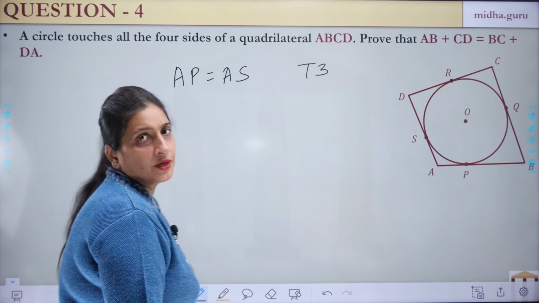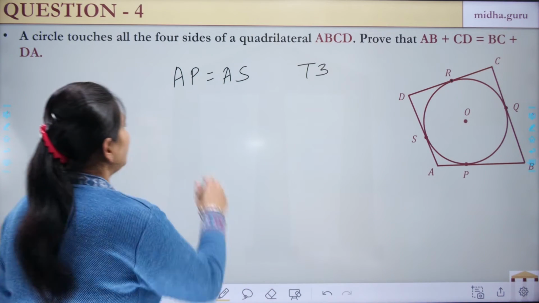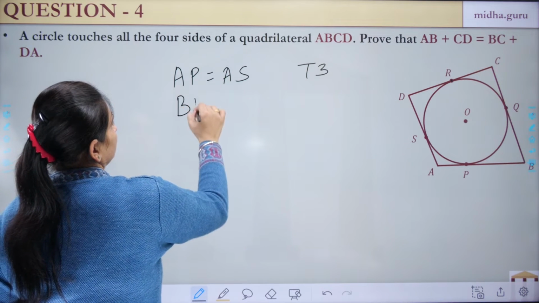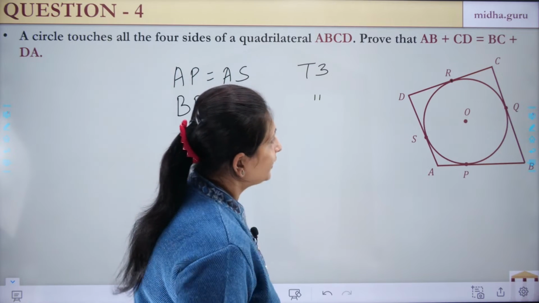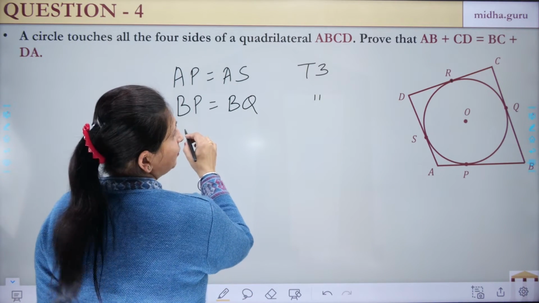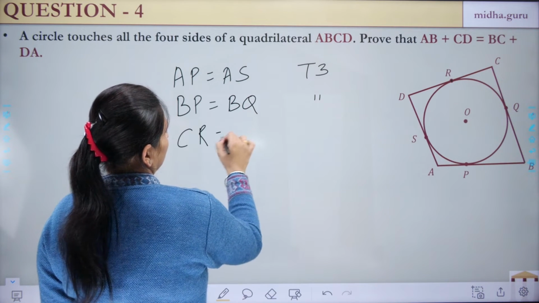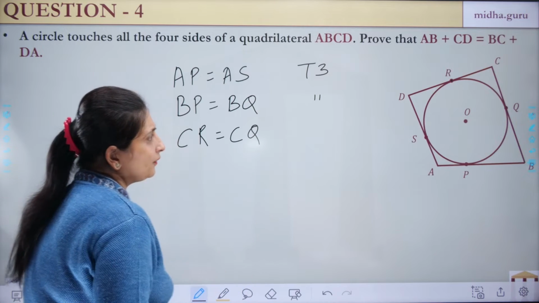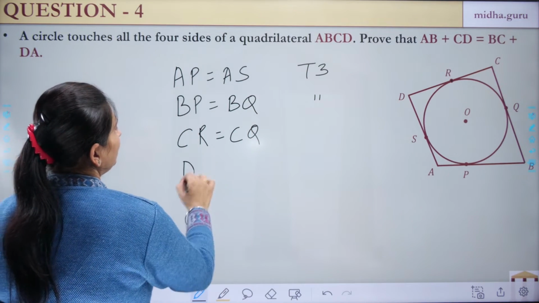Tangents drawn from an exterior point to a circle are equal. Similarly, we'll write BP is equal to BQ. Again, theorem 3. Next, we can write CQ is equal to CR, or CR is equal to CQ. Anything we can write. Next, we'll write DS is equal to DR, or DR is equal to DS.